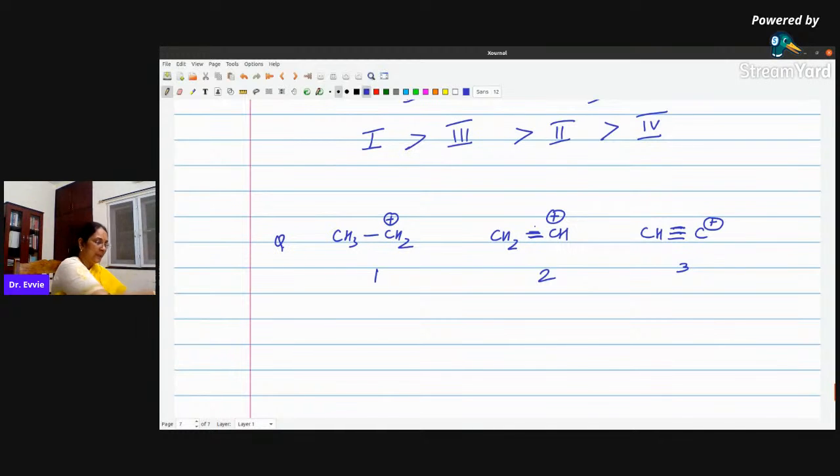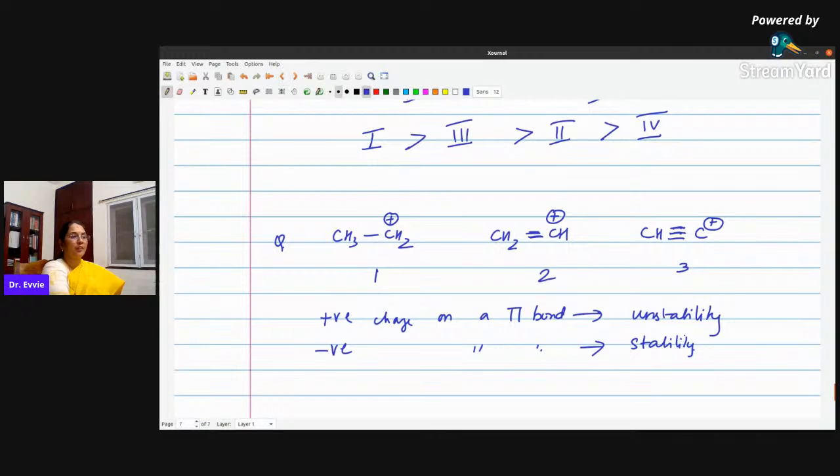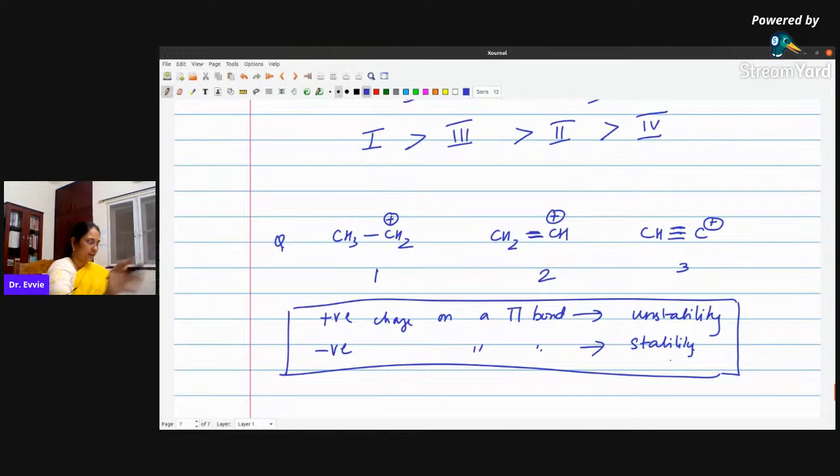Now please remember, a positive charge on a pi bond will lead to instability. But a negative charge on a pi bond will give you stability. Okay, so just with this point, you can arrive at the conclusion. This is very important.